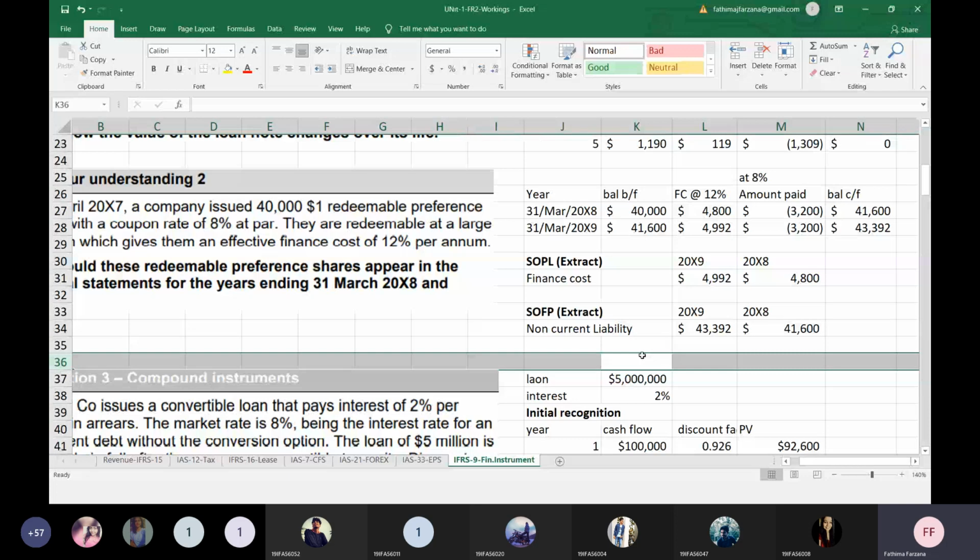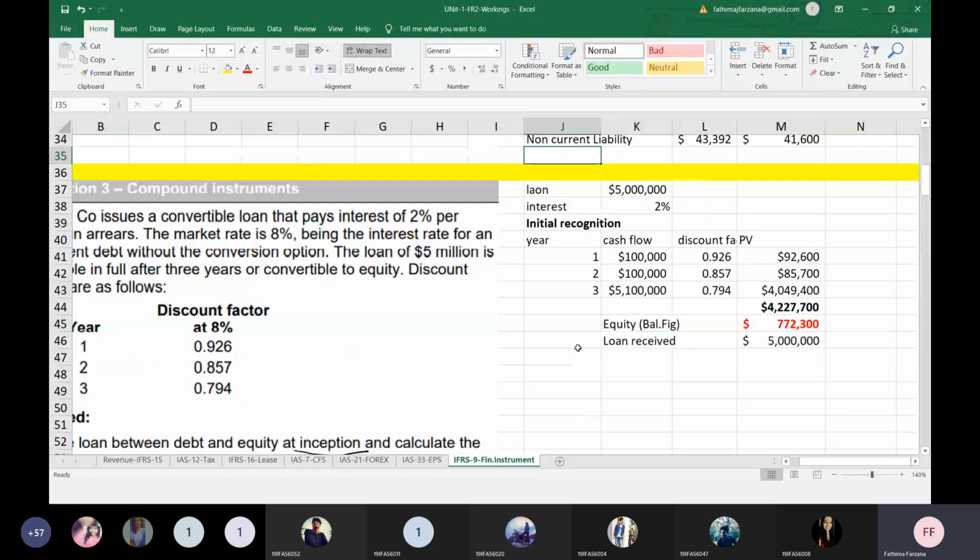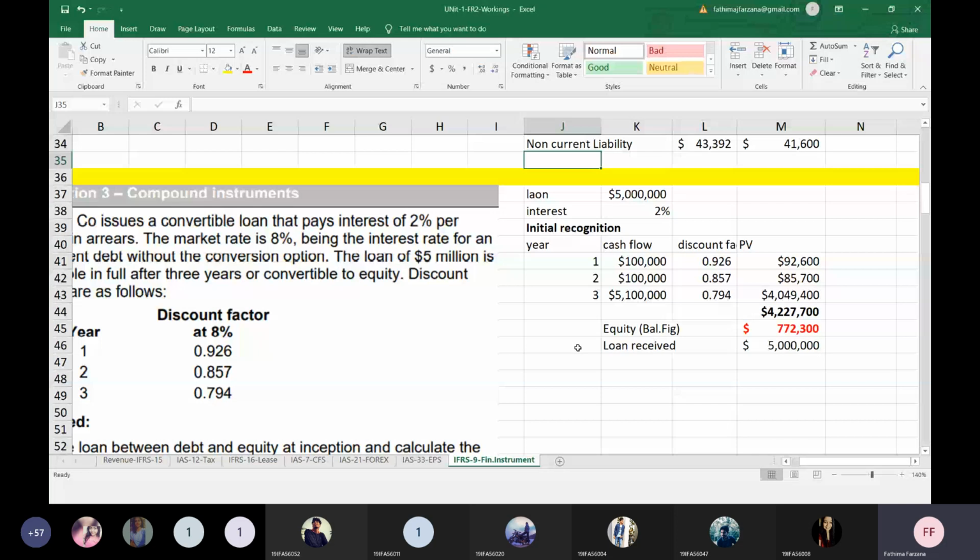Let me draw a line here. Out of 5 million, how much is liability? 4,227,700. Okay, so this is the liability component.